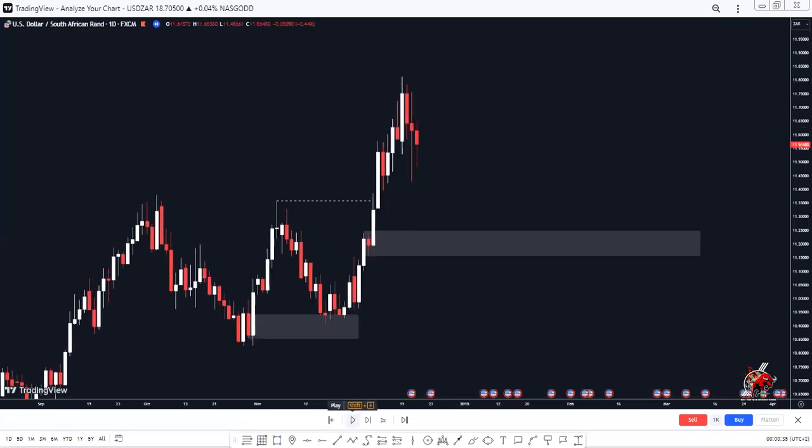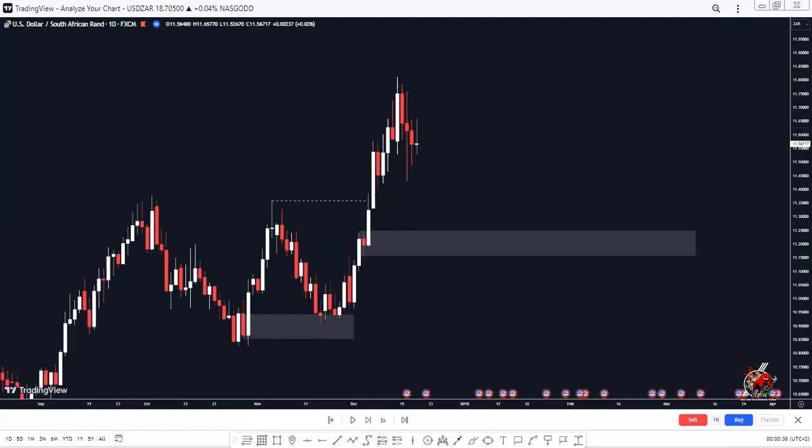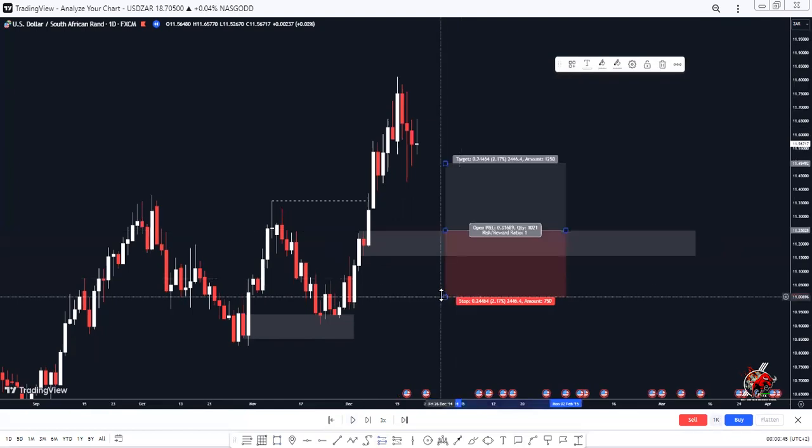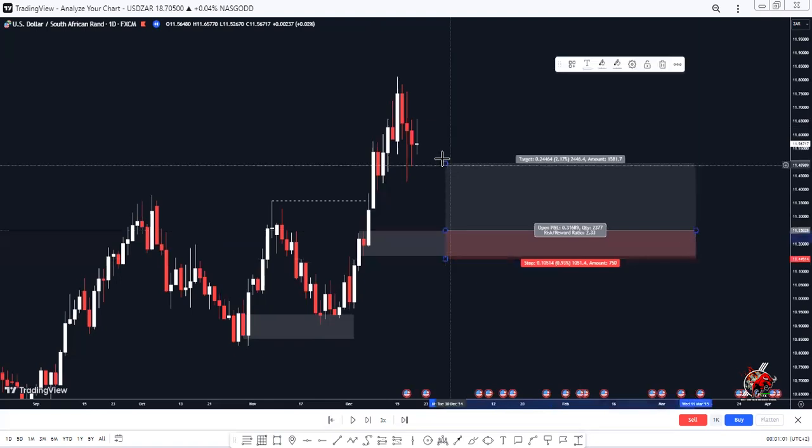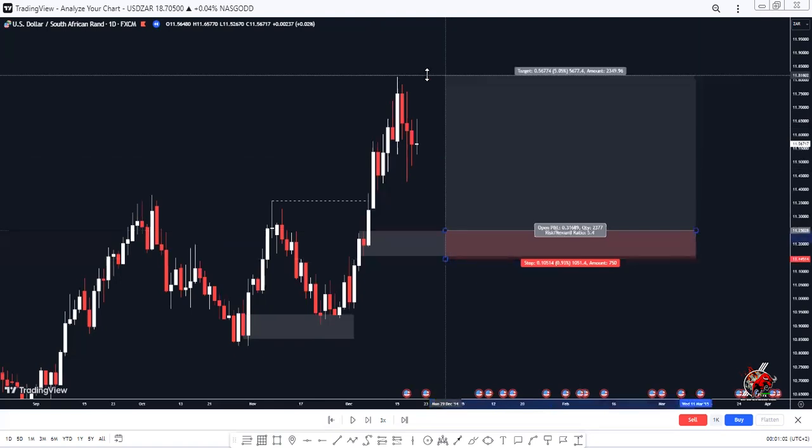By the way, this will be your trade. Let's say this is your trade right here. Just keep it like this with your stop loss below. You can add a few pips away from here, right? You can say 2 pips away or 3 pips away, and then your target can be what?